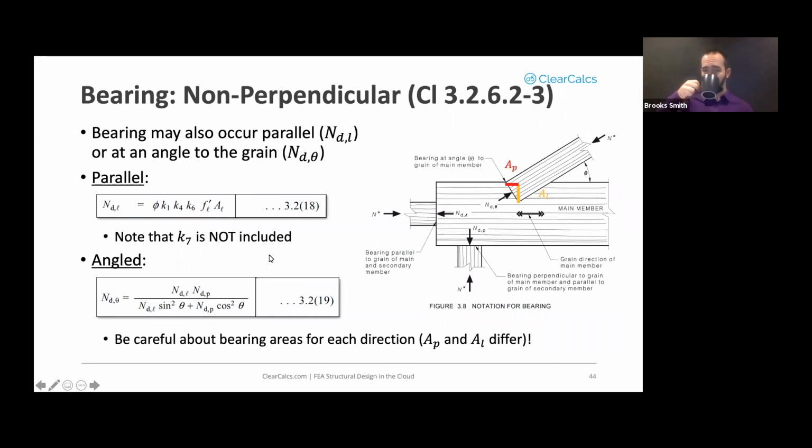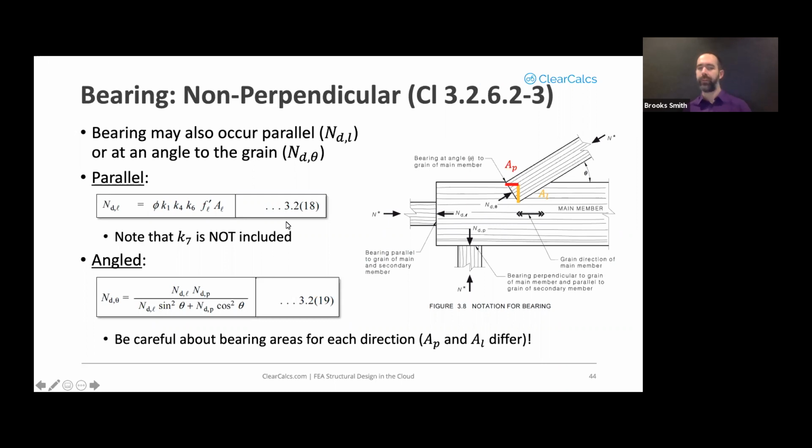Next, if you have a non-perpendicular bearing. Simplest case is if you're exactly parallel to the grain, but you can also have an angled bearing that is somewhere between parallel and perpendicular. If it's parallel, then again, you just have one formula here.